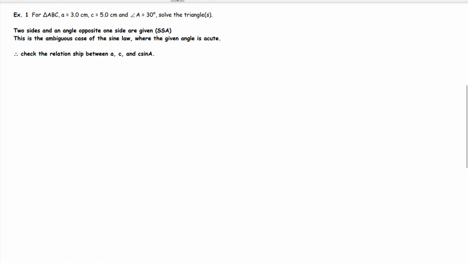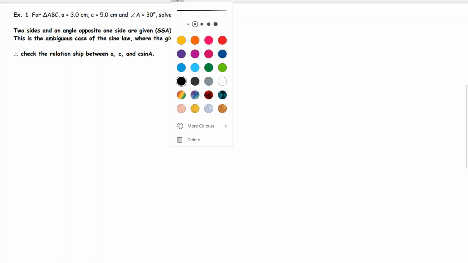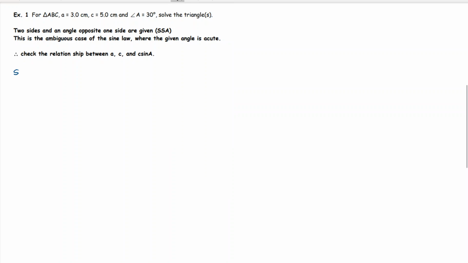So we have to do our first step. Actually, let's write this in a different color. Our first step is to check if we actually have a triangle.